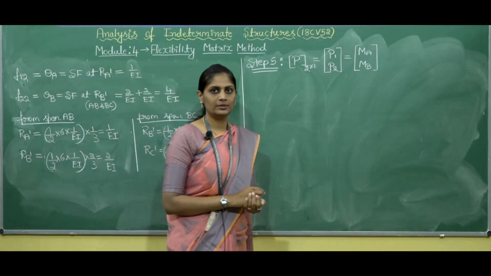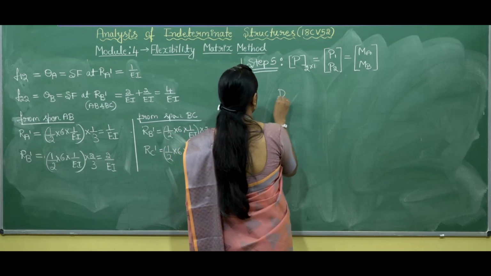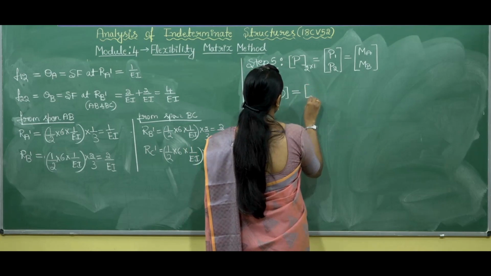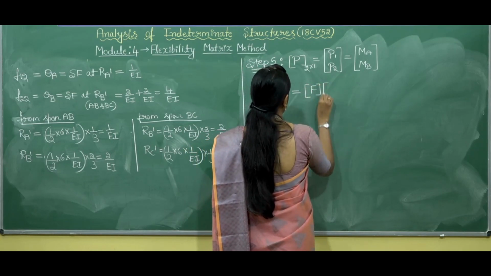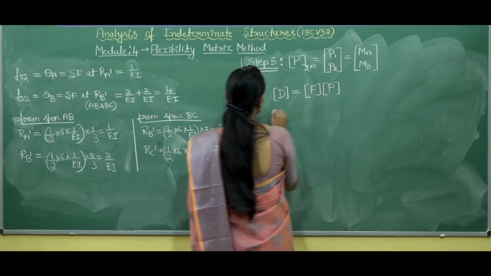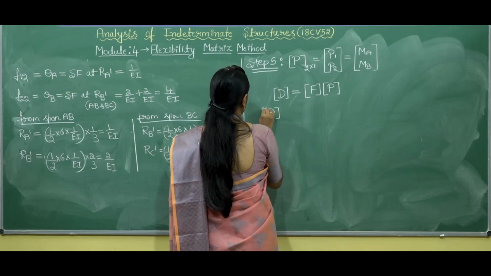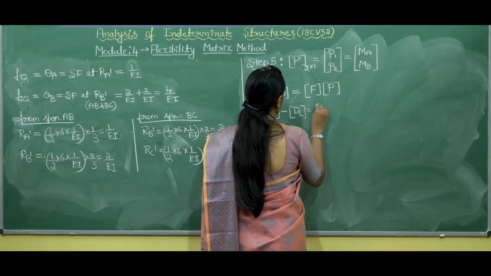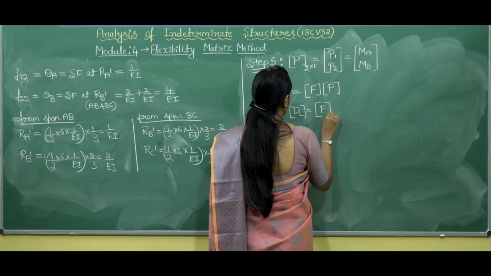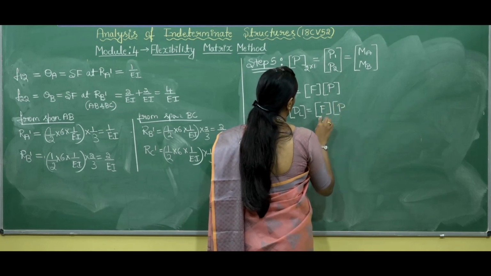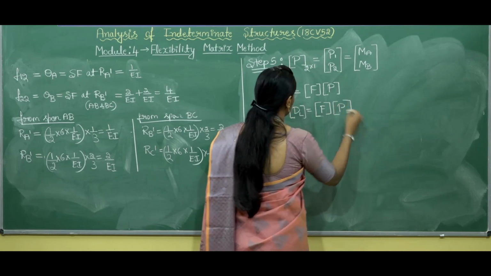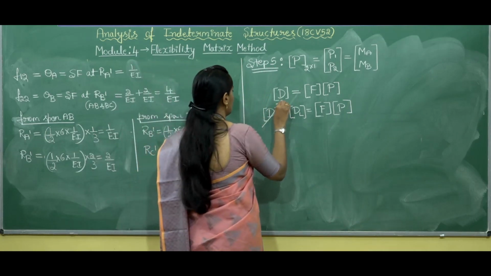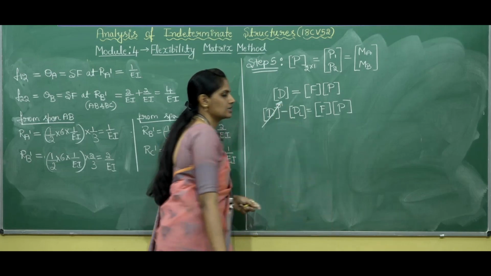We all know the basic flexibility relation is given as D equals F into P, and this can be written as D minus DL equals F into P. In the previous session I have explained this. Here the D matrix equals 0.